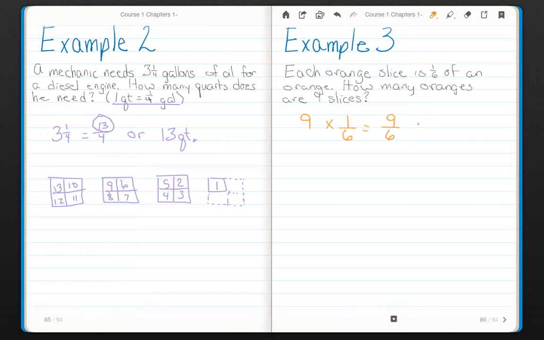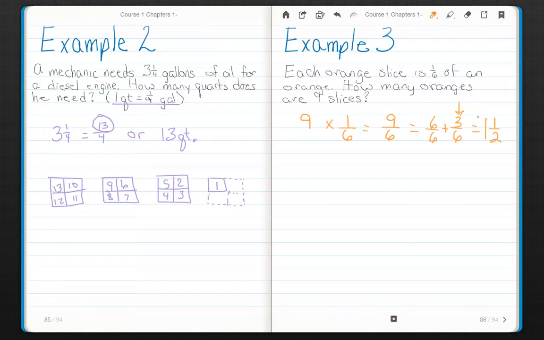But that's an improper fraction, and I can't leave it like that, so I have a couple of different choices. The first is to break this into 2 separate fractions: 6/6, which is a whole, plus the 3/6 that are left.